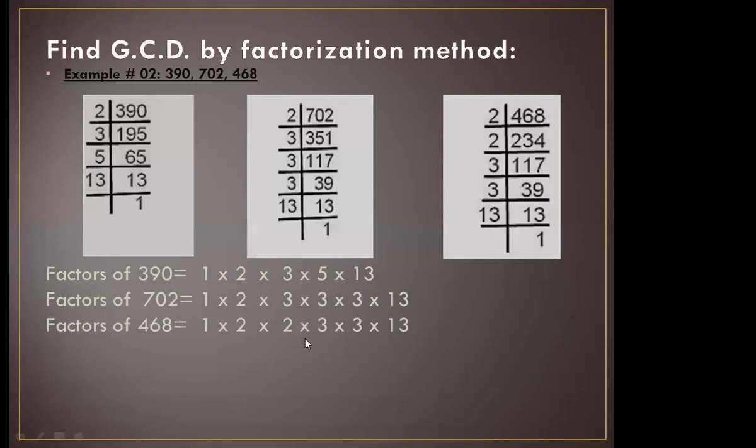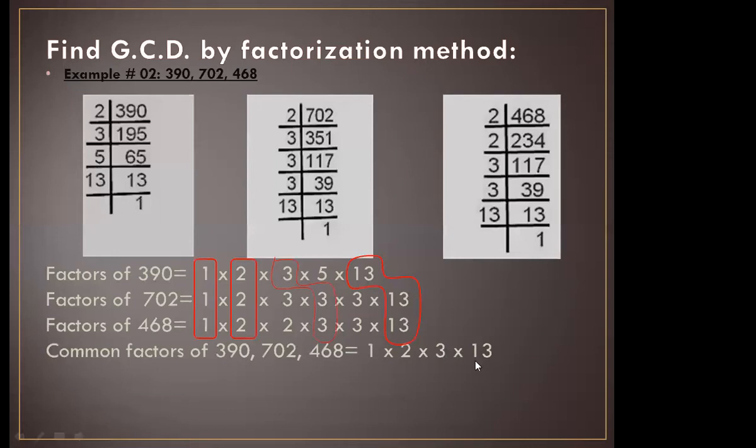Now common factors. What are common factors? 1, 2, 3 and 13 are the common factors here. So students, your common factors of 390, 702 and 468 are 1 multiplied by 2, multiplied by 3 and multiplied by 13.